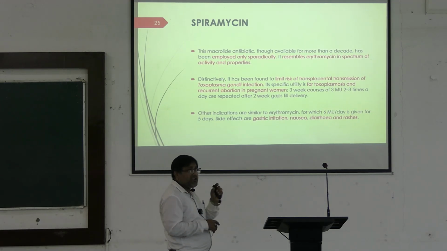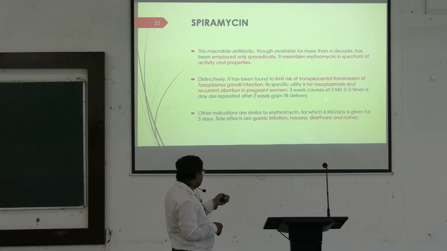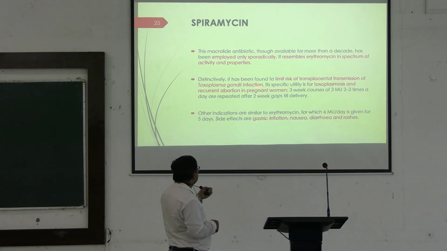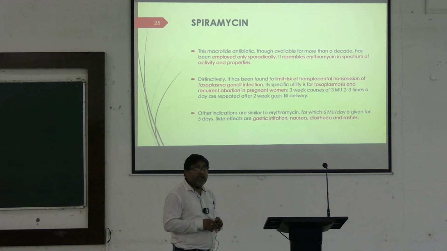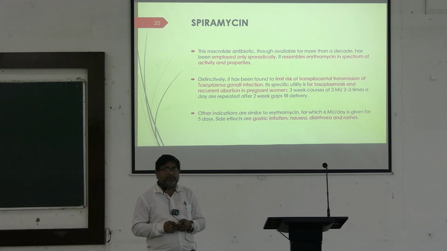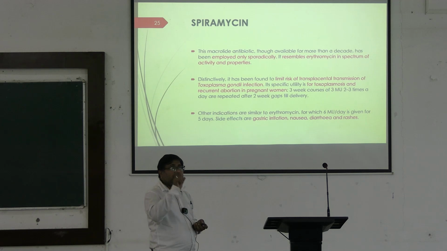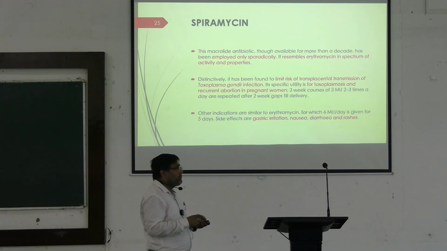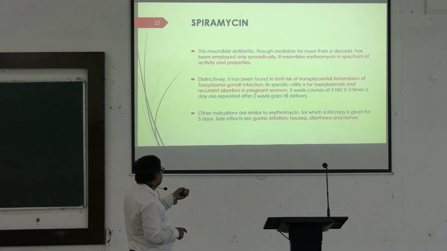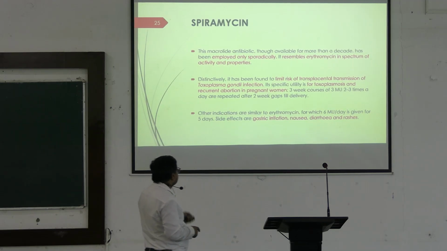Now, the special advantage with the drug is that it limits transplacental transmission of Toxoplasma gondii in pregnant mothers. So, as a result, it is used in pregnant women to prevent Toxoplasma gondii passage via the placenta and to avoid recurrent abortion.